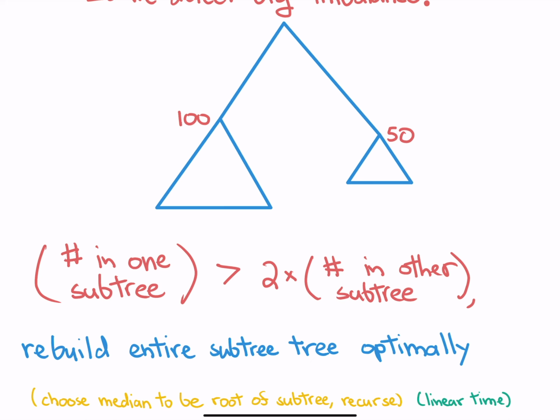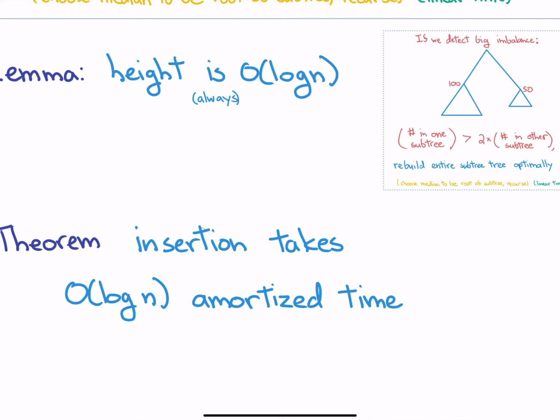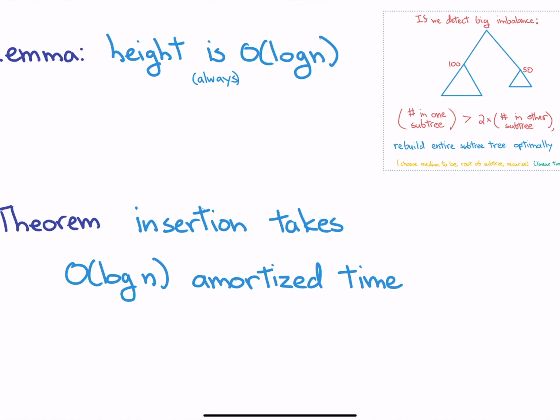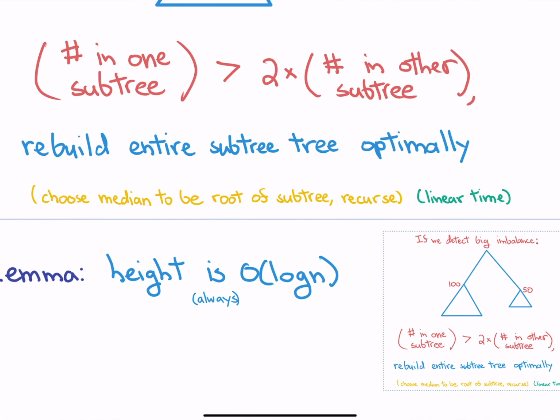Okay, all right. First lemma. The claim is that if I'm always balancing the trees whenever they're too lopsided, the height is at most log n.